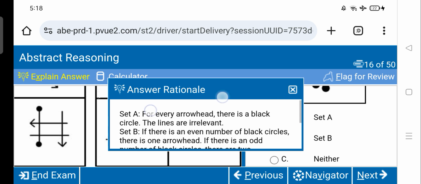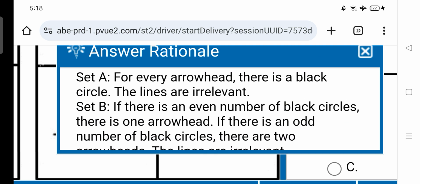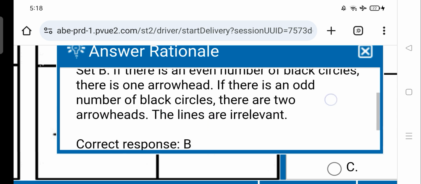So the rules for set A and set B are: for set A, for every arrowhead, there is a black circle. The lines are irrelevant. For set B, if there is an even number of black circles, there is one arrowhead. If there is an odd number of black circles, there are two arrowheads.